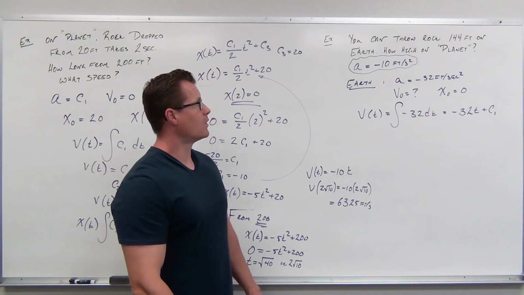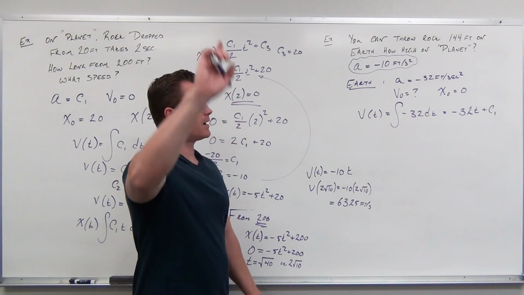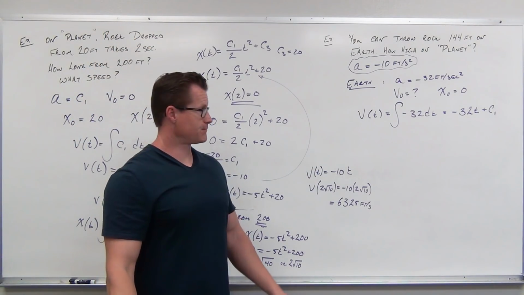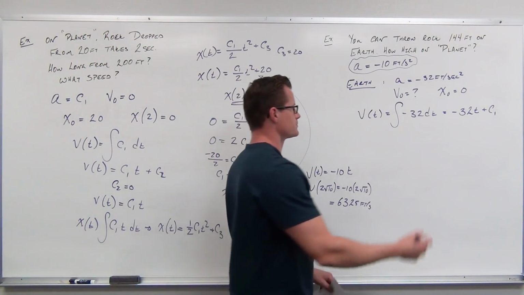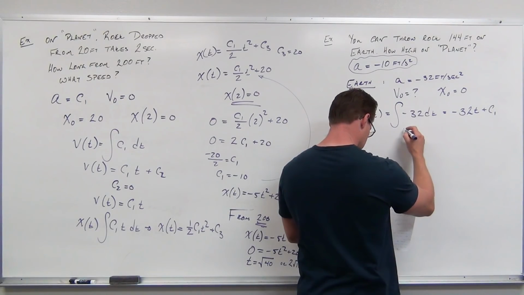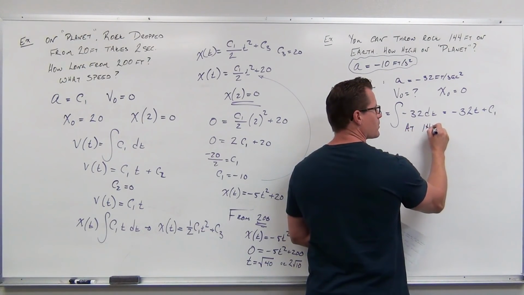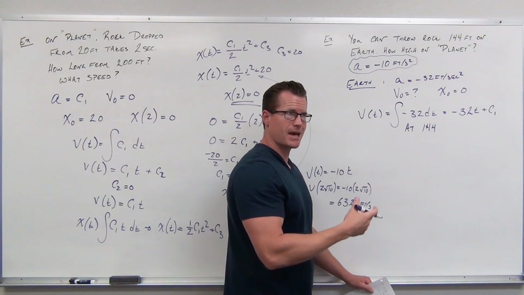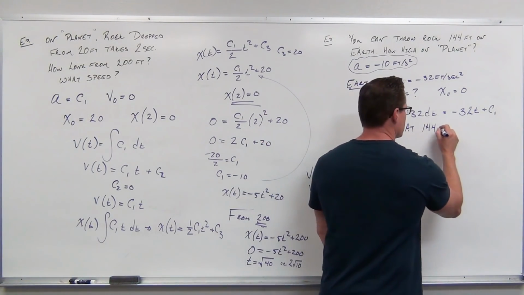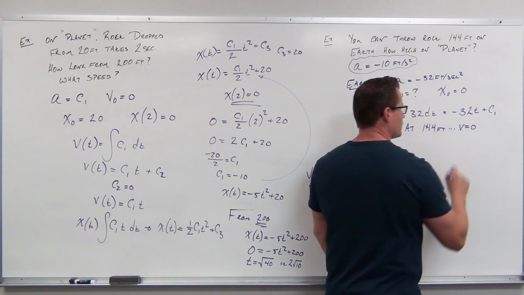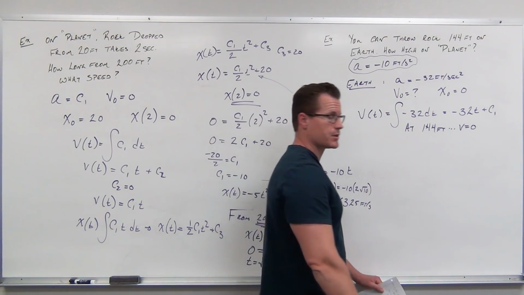We know that at the maximum height of 144 feet, what's our velocity going to be? Velocity is going to be 0. So maybe we write this down. At the maximum height, at 144 feet, velocity equals 0. When does that happen?